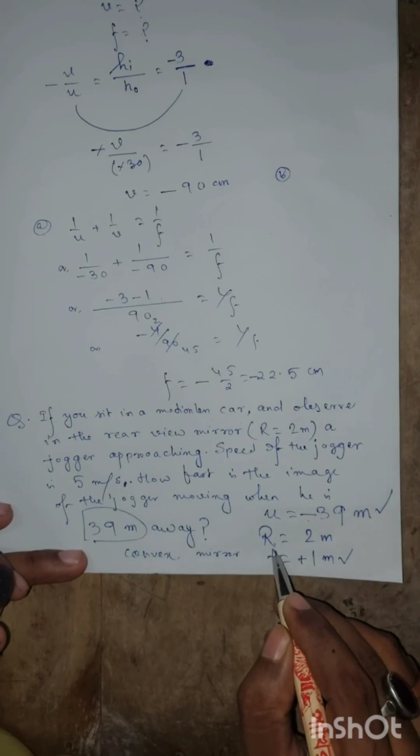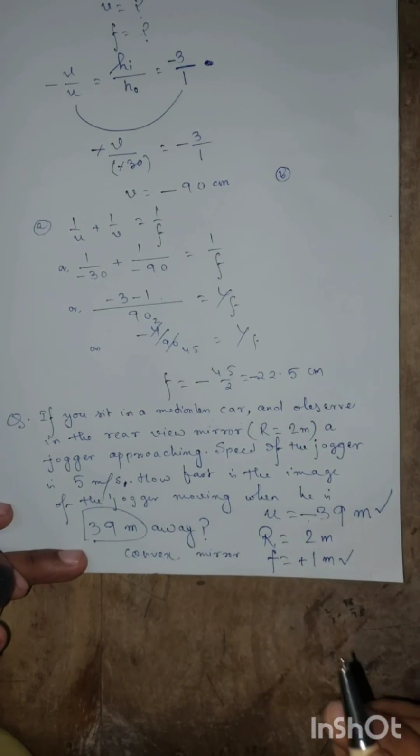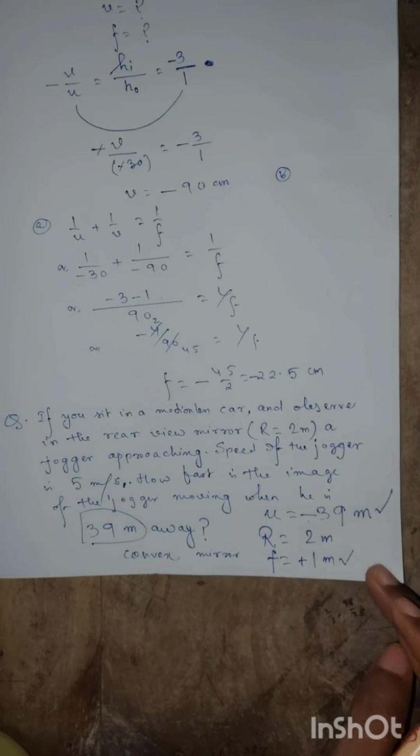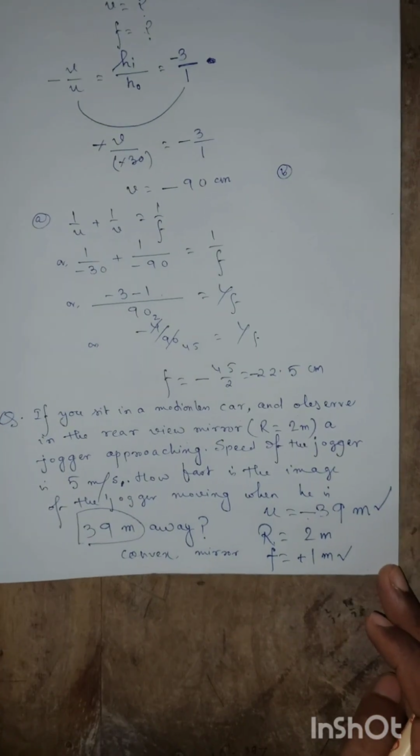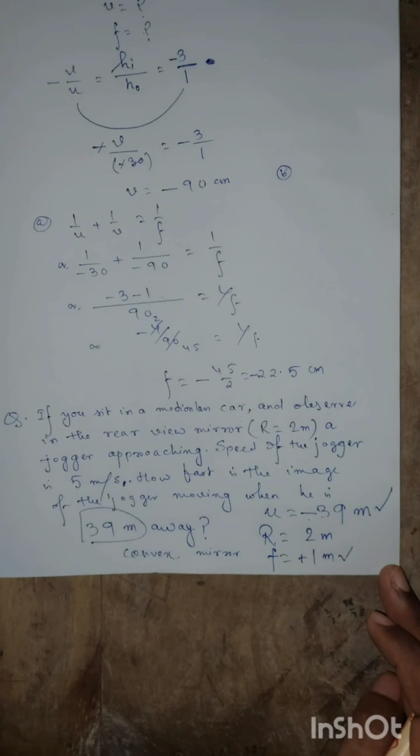So by applying mirror formula, we can find out V, position of the image behind the convex mirror.